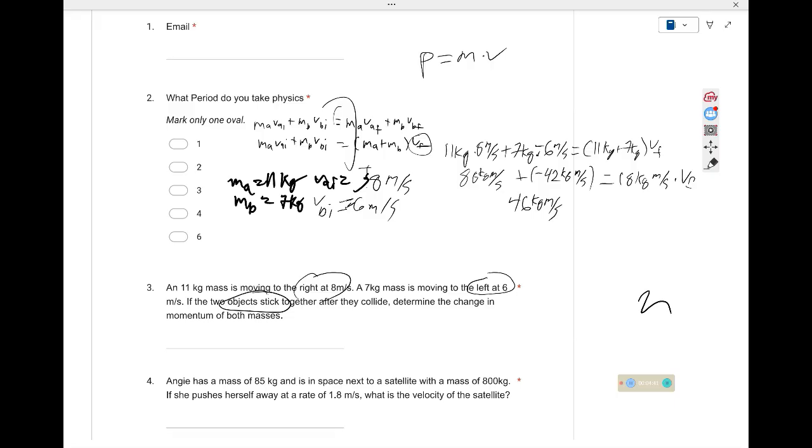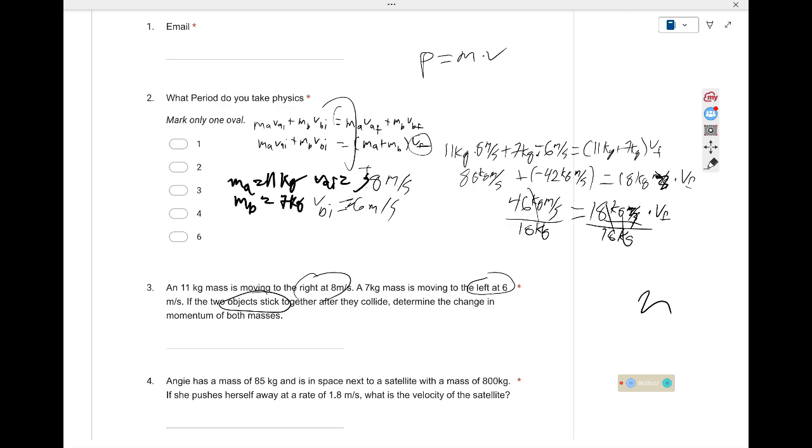That number is important because that's the total amount of momentum at the beginning of the problem. Equals 18 kilograms, sorry, just kilograms, times final velocity. So we divide by 18 kilograms to see how fast the final combined object's going to be going. And I believe it's like 9.6.